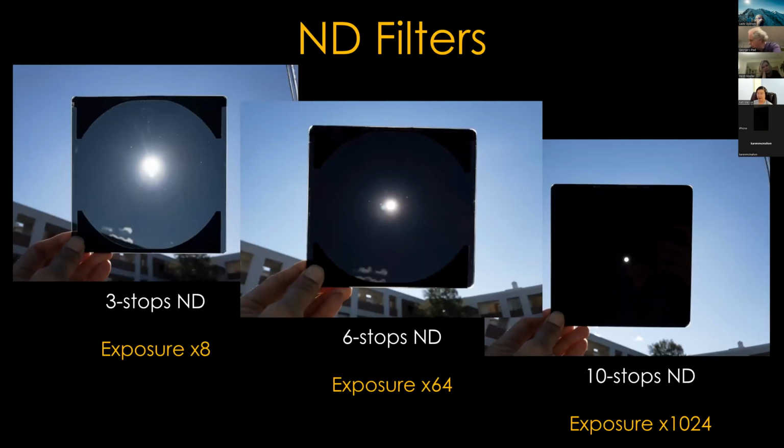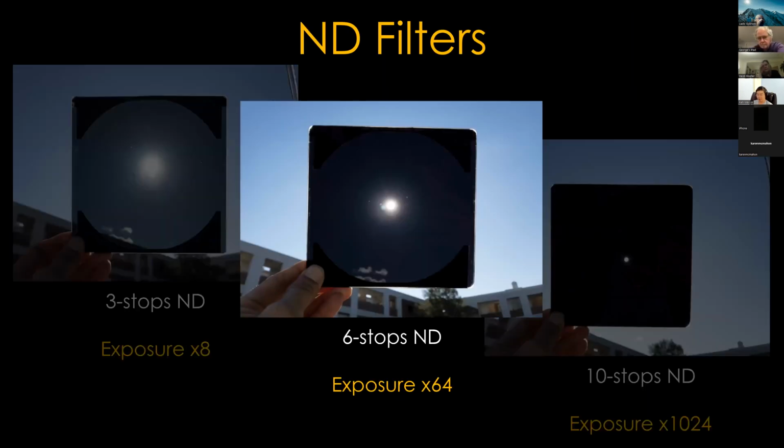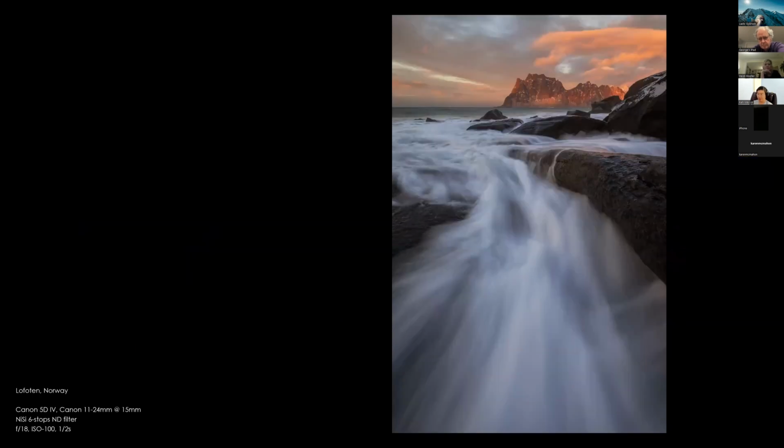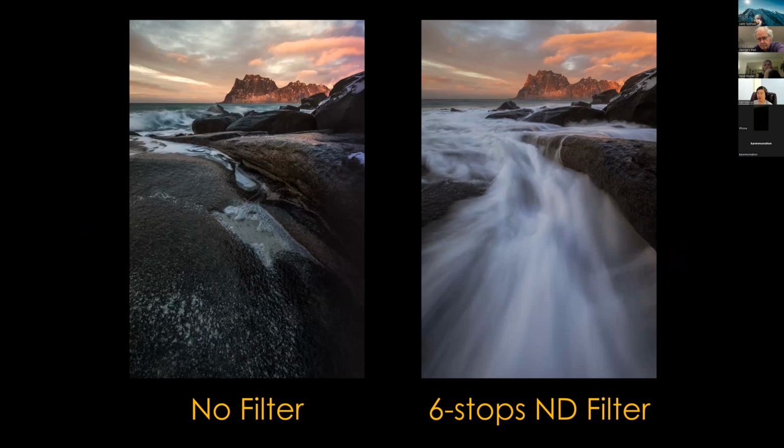In fact, with the use of a 6-stop ND filter, my prediction is correct. When the wave is moving in, it's moving in like a river. So this is just the comparison without and with the use of long exposure, or without or with the presence of the wave.